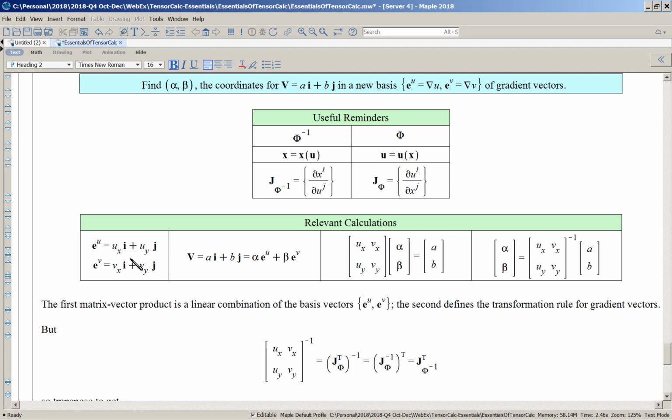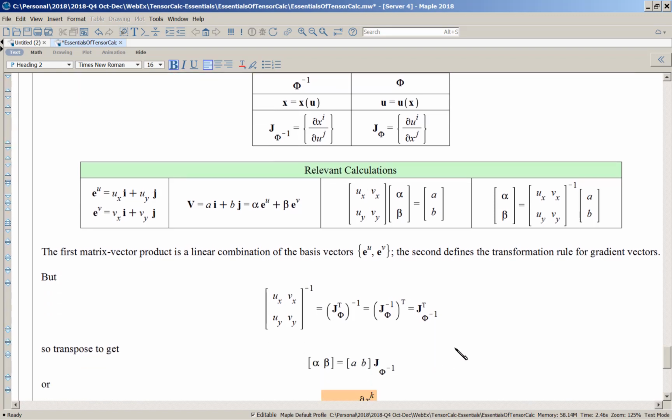Remember, there's that hidden transpose that sneaks in from here, and it's still here plaguing us. How can we deal with that? Let's write this whole statement transposed. So this column vector becomes a row vector. This column vector becomes a row vector, but you have to change the order of the product.